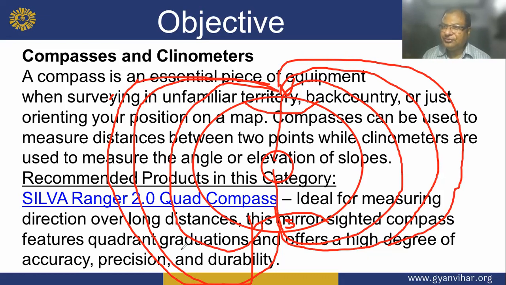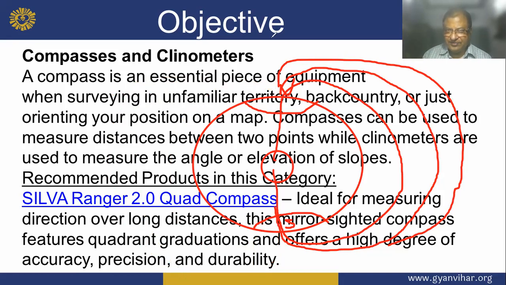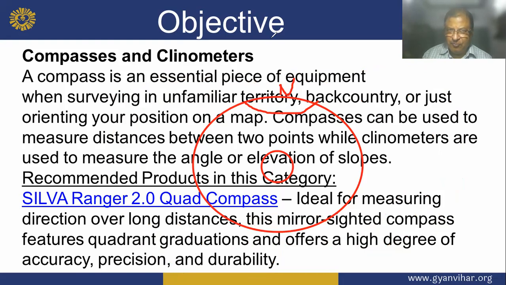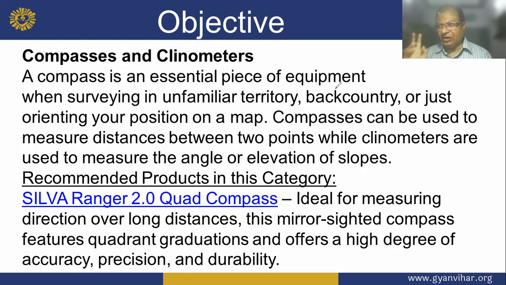How is it generated? It is generated by the rotation of the earth. So dear boys, a point that is the North Pole. If iron is magnetized, it has two poles, one North Pole and second South Pole.